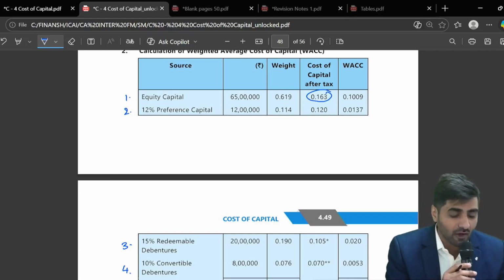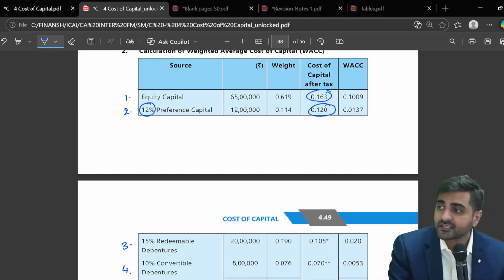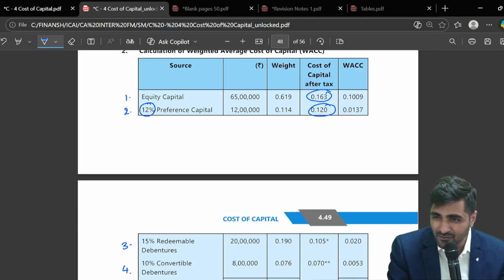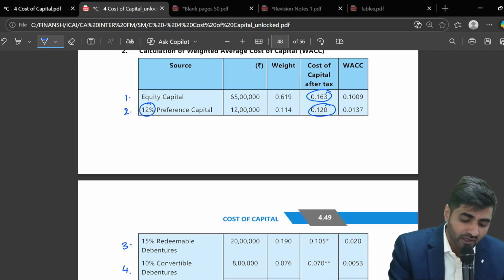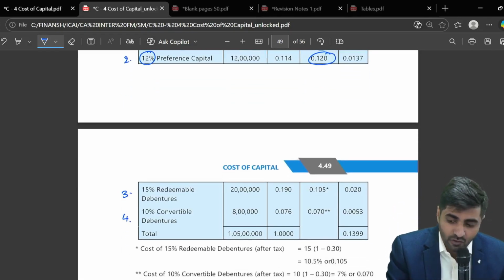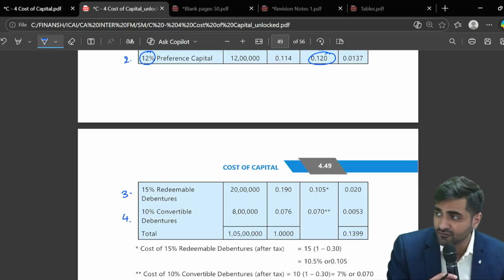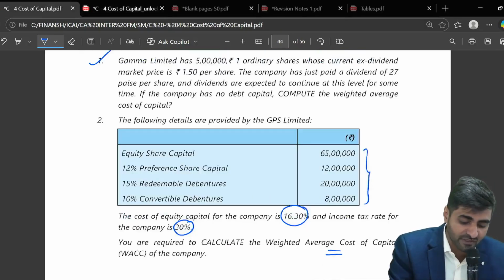Okay. Now for preference shares, can I say 12% will continue to remain as 12% only? Because there is no tax benefit which we get on preference shares. But guys, when we are talking about your redeemable debentures, please tell me, have they given you the life of the debenture? Just check the question. Have they given you the life of the debenture?